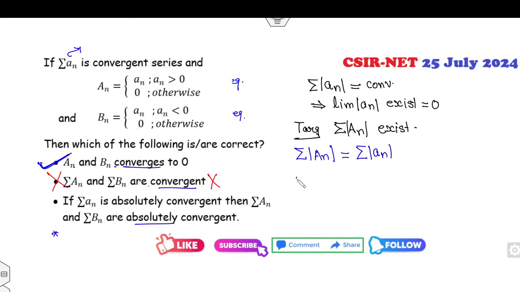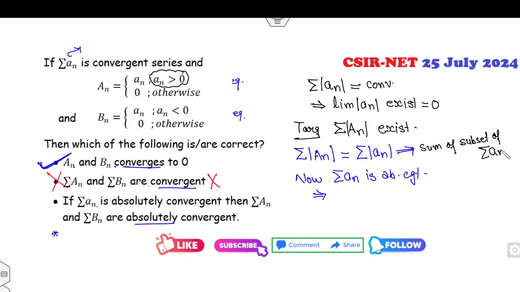Fine. Now what is given to you? The summation of an is absolutely convergent. What does it mean? This summation is a part of only those terms which are positive, that is, it is the sum of a subset of the summation.